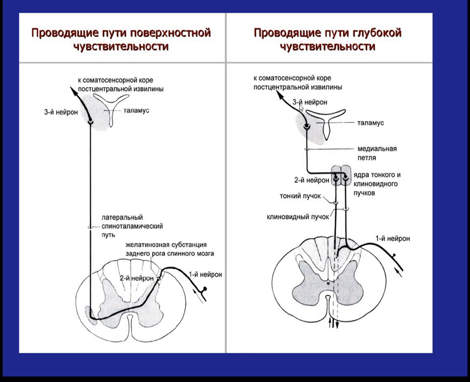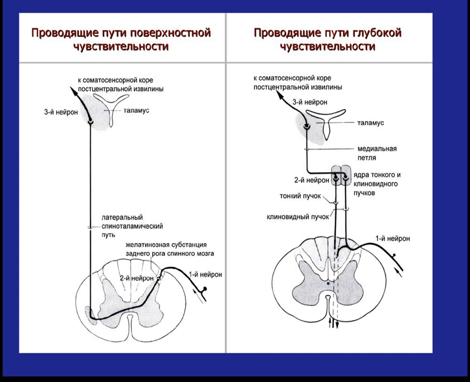You know, thalamus opticus is subcortical center of all sensory modalities. And then we have thalamocortical tract to the post-central gyrus.